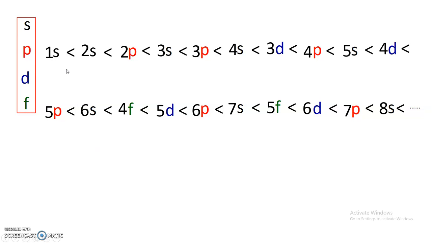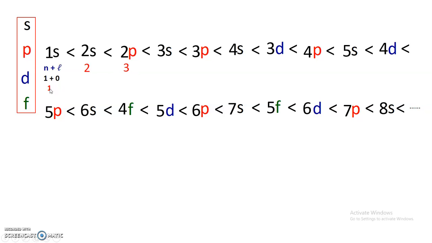Now for the 1s orbital, apply the n plus l rule. The value of n is 1, l is 0, so 1 plus 0 is 1. So the sum of n plus l is 1, and it has the lowest energy. Now for the 2s orbital, 2 plus 0 is 2. For 2p, 2 plus 1 is 3.